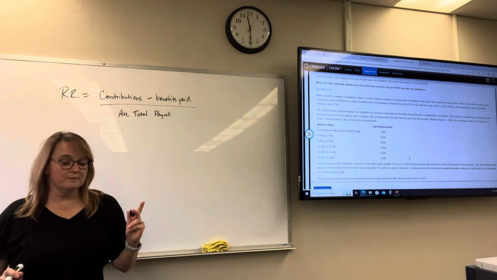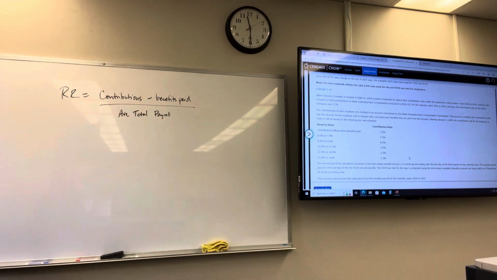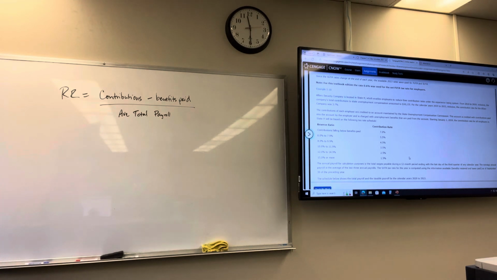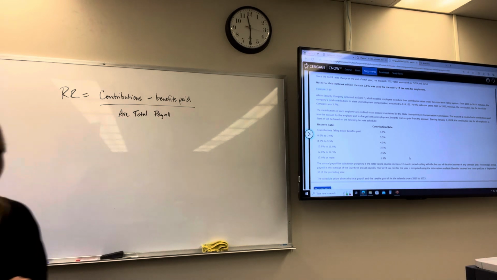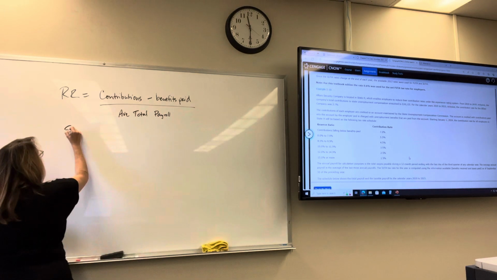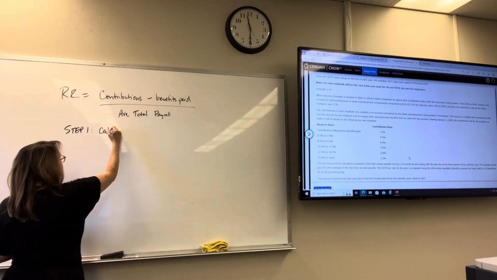Now, in this problem, you've got to calculate out what the contributions were. Actually, I think they give you the benefits that have been paid out. But then you also have to calculate what the average total payroll is here. So the first step that you want to do, step 1, is calculate the contributions.